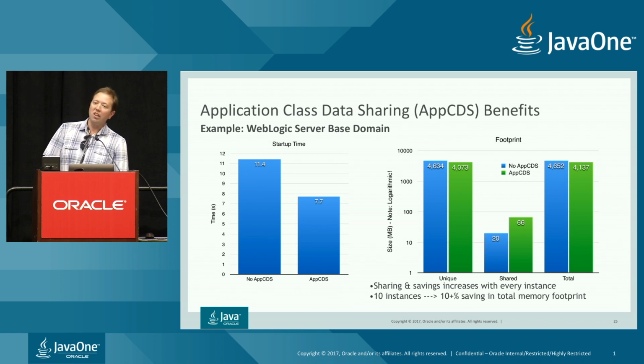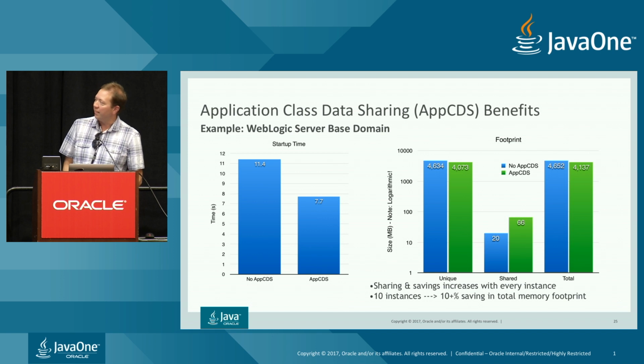And it may not look like we're saving a lot, so the bars here are the unique data per instance with and without AppCDS. It's the shared data with and without AppCDS, and it is the total footprint with and without AppCDS. And it may look like the bars are similar.